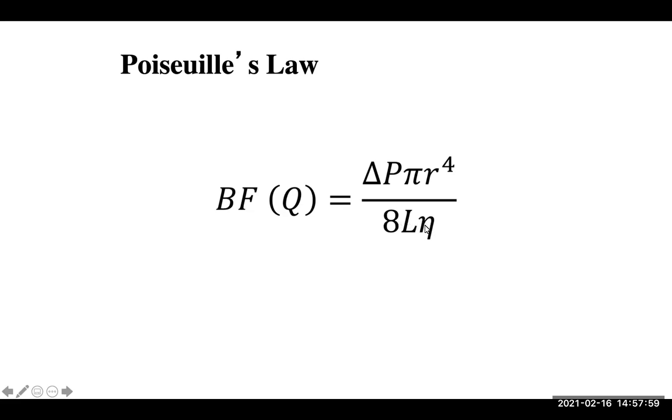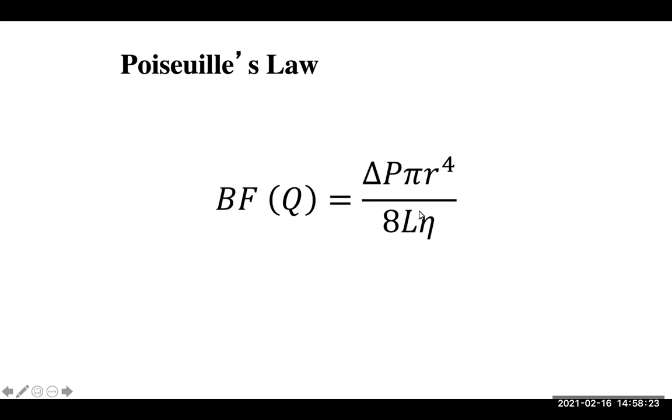This Greek letter eta stands for viscosity. So this equation to calculate blood flow is called Poiseuille's law. It's a French guy who came up with this equation where we have to factor in a couple of things. So blood flow is going to change when pressure changes, radius changes, length changes, and viscosity changes.